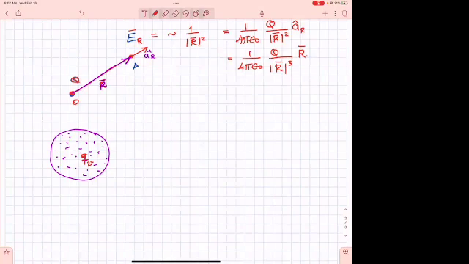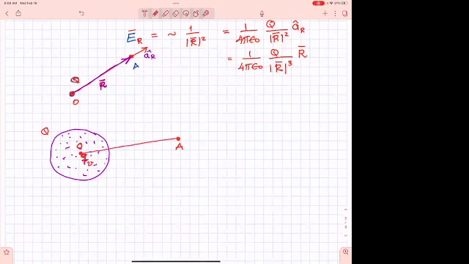And if the total is Q, how much is the field going to be at this point? Let's assume that that's the center, O, A. Which direction is the field going to go? Nobody?